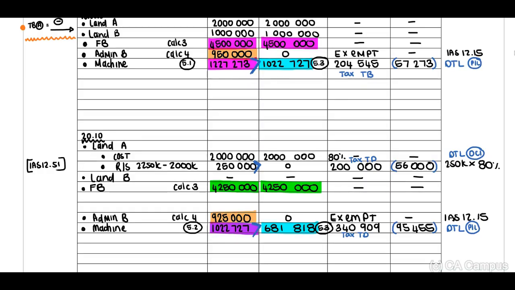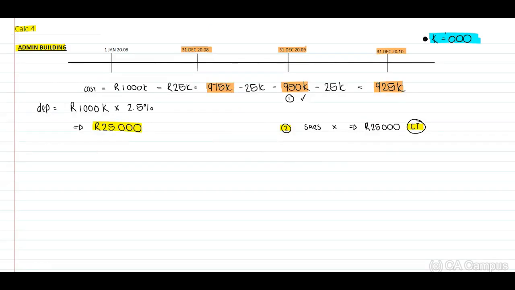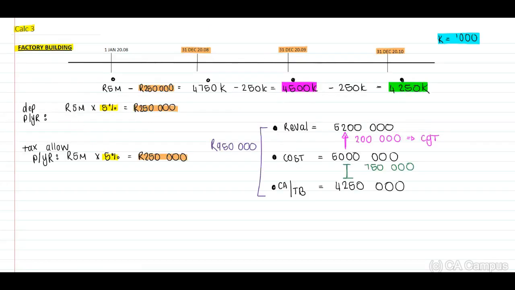In our deferred tax calculation, I will always recommend that you include the amount above cost, and this is the amount that we have calculated of 200,000. Therefore, indicate to your marker that you have calculated this at your 200,000. And I'm going to reference this, my calculation 3.1, and my calculation 3.2 will be my 750,000.